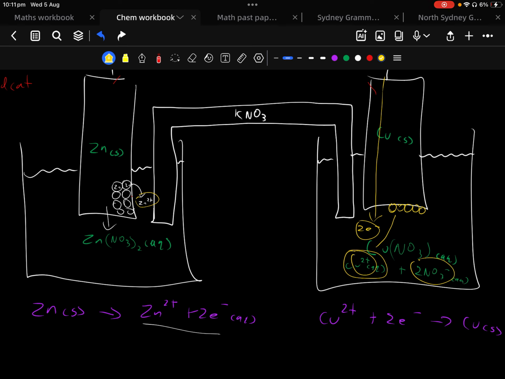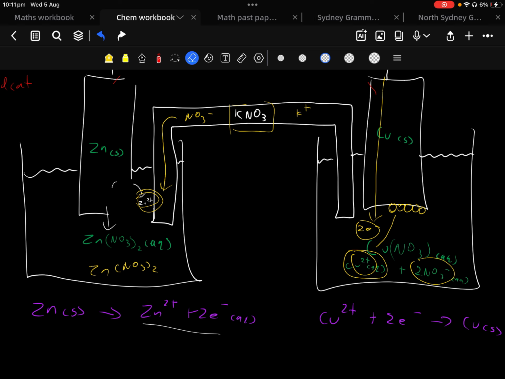these salt bridges achieve neutrality by splitting into K+ and NO3-. These nitrates from the salt bridge go down to combine with zinc 2+ to form solution, whilst the anode decays.